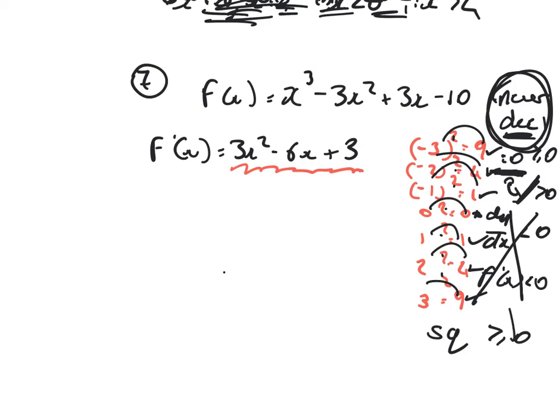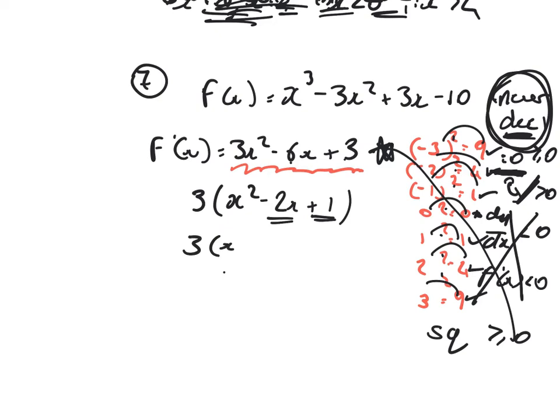So if we can package this up to be a squared term, then we've proven that it's always greater than or equal to 0. Something that we could look at is to take out a common factor first of all, so that would be 3 bracket x squared minus 2x plus 1. I can then factorise: two numbers that multiply to give 1 and add together to give minus 2 are minus 1 and minus 1.